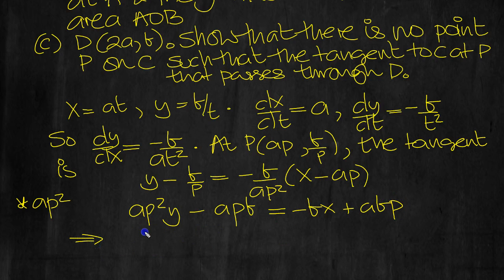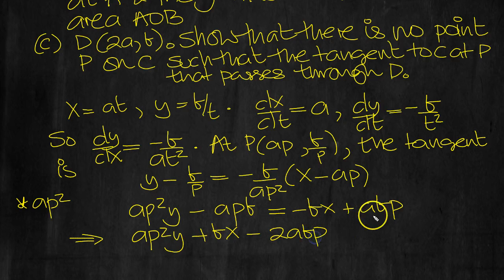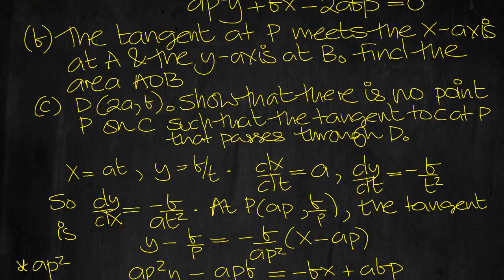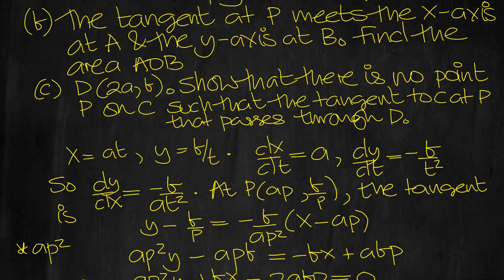So that tells us now that ap squared y plus bx, so I've moved that over, and then we've got minus another apb, so 2abp, because they're both the same, aren't they? But that becomes minus another, so it's minus 2abp equals 0. So what do we get? Yeah, we got that there. That's what we wanted, didn't we?